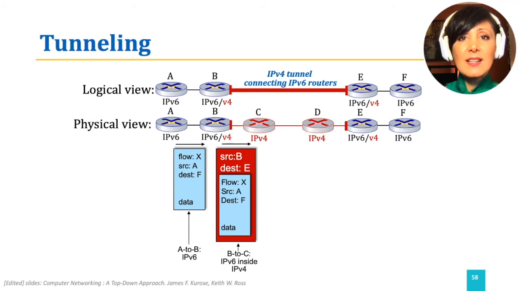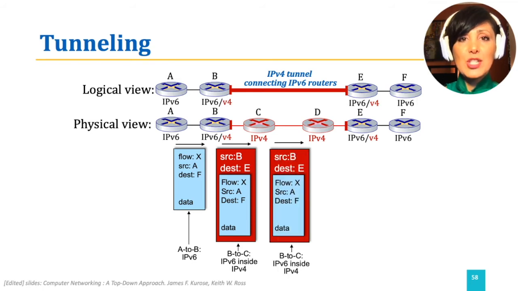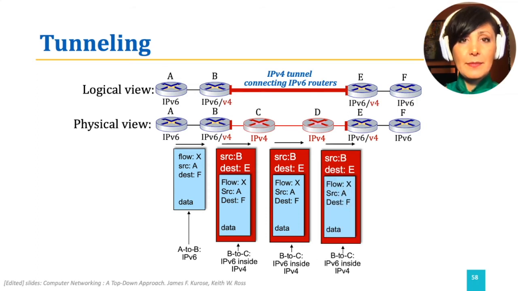Router C sees this as a normal IPv4 datagram and forwards it to the next hop, which is D. Node D as well sees this as a normal IPv4 datagram and forwards it to the next hop, which is E. Node E receives the IPv4 datagram, sees itself as the destination of the IPv4 datagram, and therefore extracts its payload, which is the IPv6 datagram.